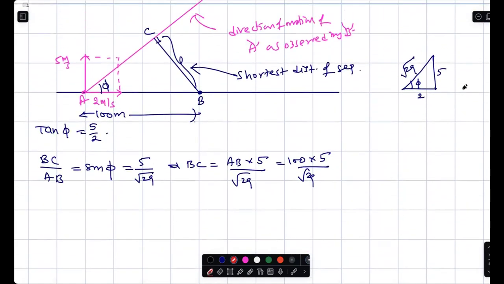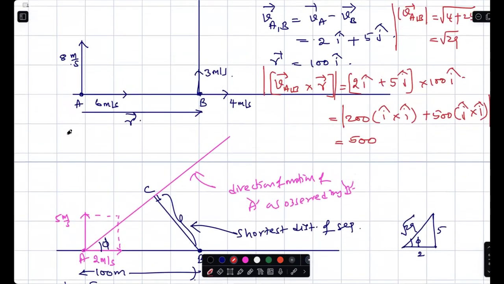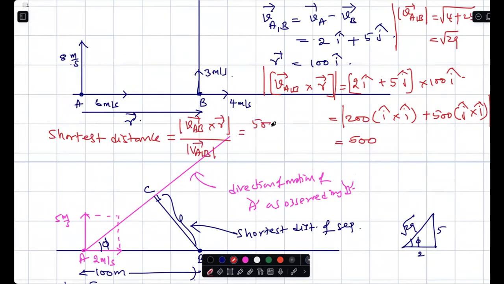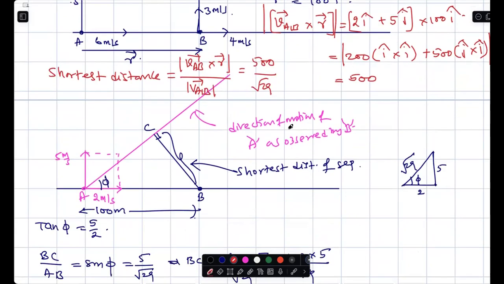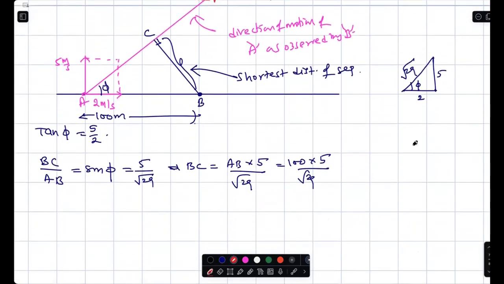So what is your answer for shortest distance in vector form? VAB bar cross R bar divided by magnitude of VAB bar. And this comes as 500 by root 29. That's what I got.